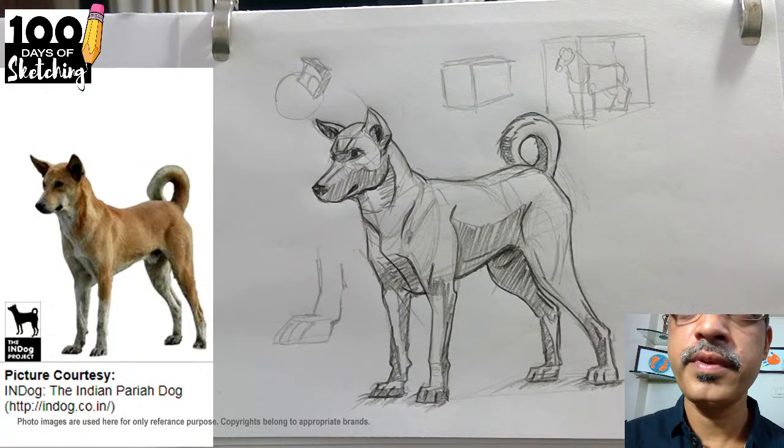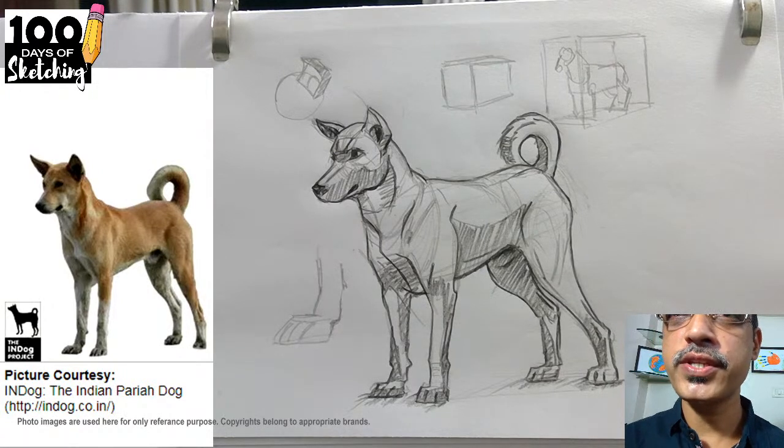So yes guys, that is how I completed today's sketch of an animal, which is the dog, the reference we took. I was pretty happy with today's sketch. I did not expect it to be so good.